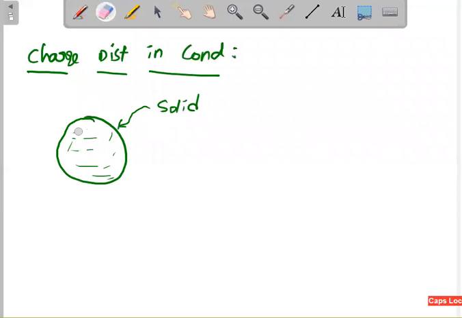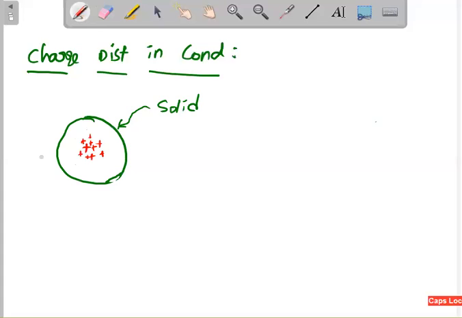Then in a solid conductor, I am trying to introduce some charges somehow, but I don't know how to do it. Say I introduce charges exactly at the center point of the solid. If you imagine a sphere, you go to the center point and somehow introduce a charge inside the sphere.